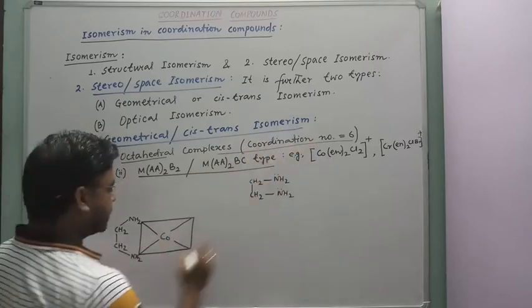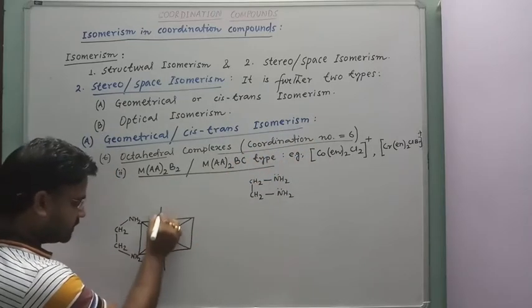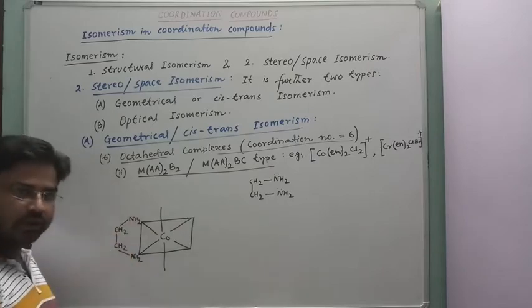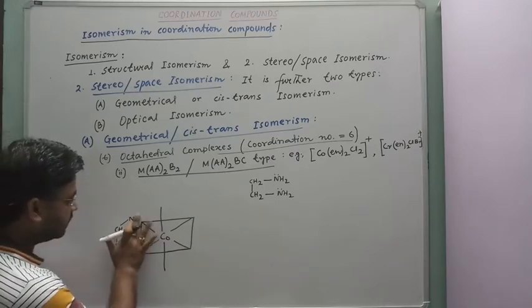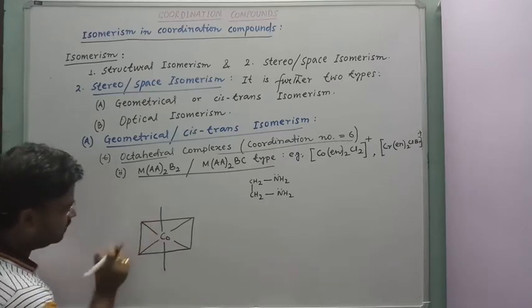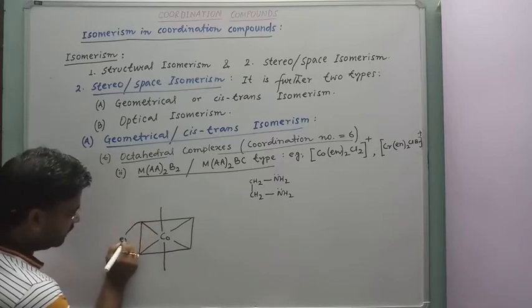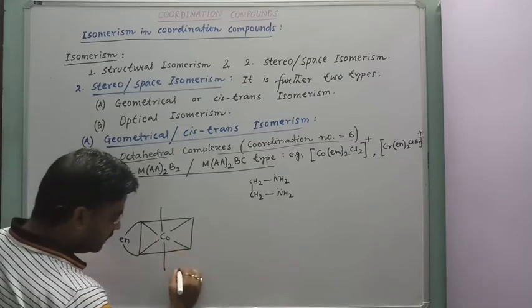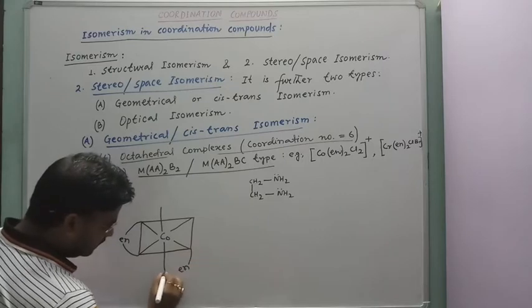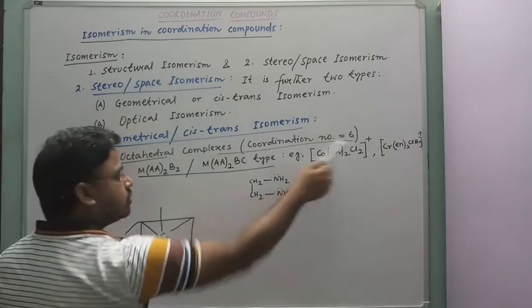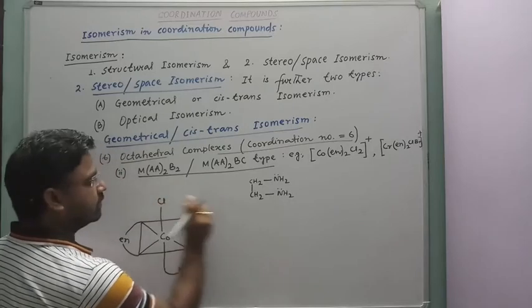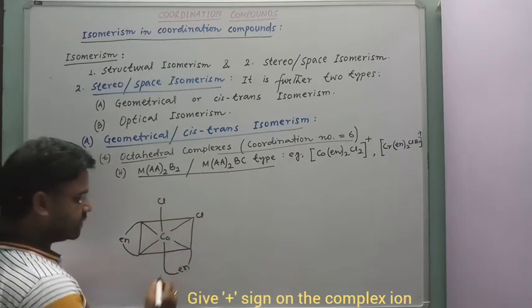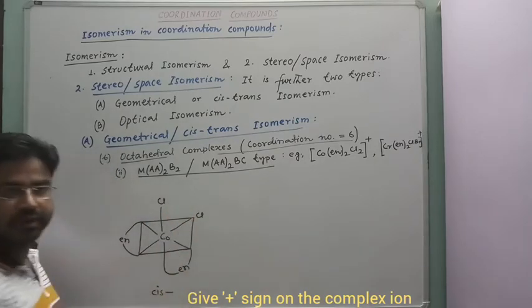So its coordination number is 6. Here it is 4, 5, 6. So ethylene diamine we can write like this, or simply in these 2 positions ethylene diamine. Similarly in these 2 positions ethylene diamine, and 2 chlorine, Cl Cl. So 2 chlorines in the same plane, so this is cis isomer.